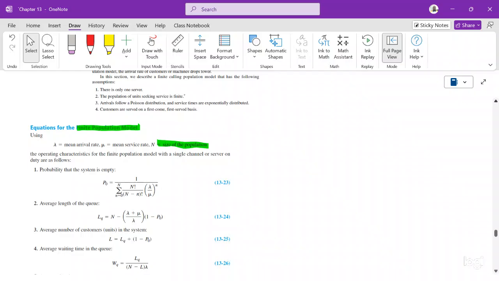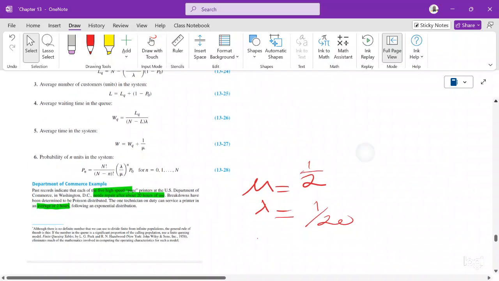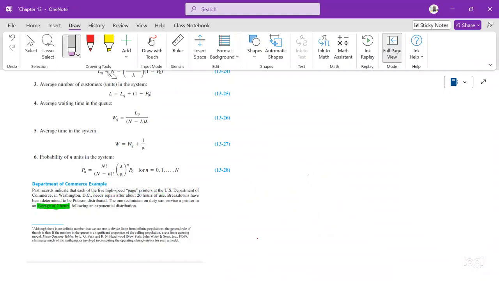So now we have what? The service time. Where is the service time? It's an average of 2 hours per printer. So that is 2 hours per printer, your service rate. That's not what you're looking for. You're looking for printer per hour.